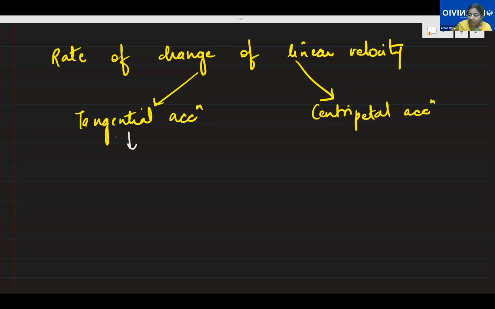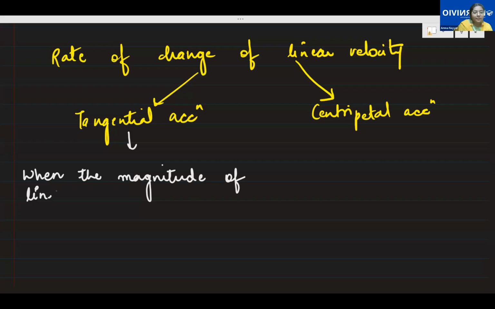For the tangential acceleration, we have it when the magnitude of linear velocity changes. Then you get tangential acceleration represented as a t.